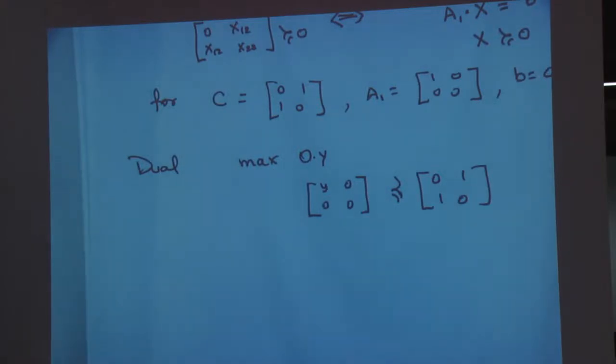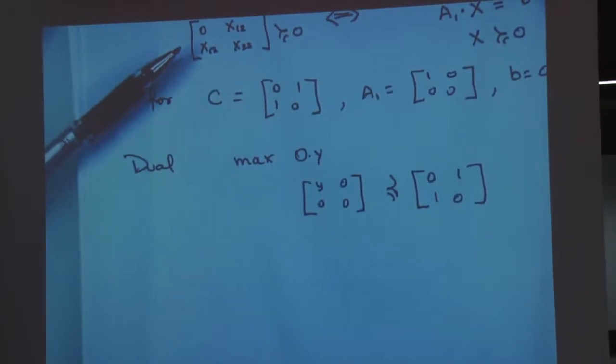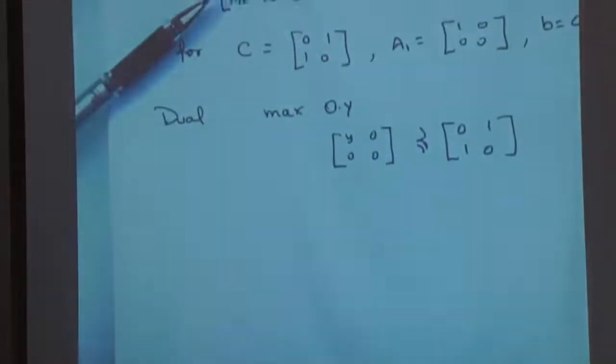If you look at the primal problem, the constraint is that the matrix has to be positive semi-definite, and the 1,1 entry of that matrix is 0. If you think about that for a moment, the eigenvalues of that matrix have to be non-negative, so in particular the determinant has to be non-negative. But the determinant of this matrix is 0 minus x12 squared.